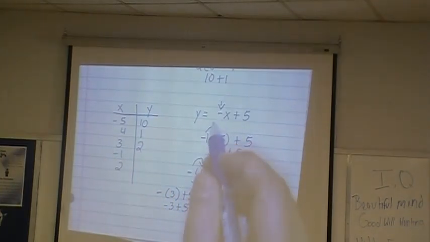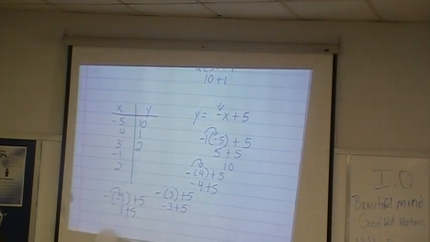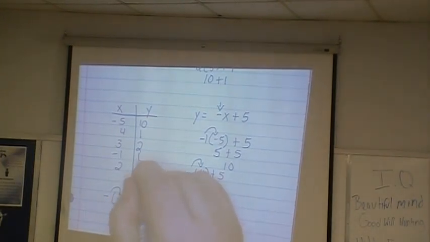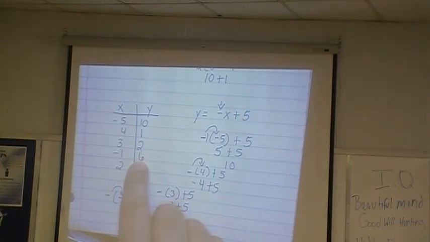Well, I already have a negative sign over here. But in parentheses, I'm going to put in negative 1. But now when I work it out, a negative 1 times a negative 1 gives me what? A positive 1. And then 1 plus 5 gives me what? 6. So when x is negative 1, y is 6.